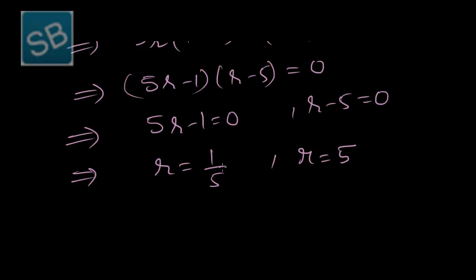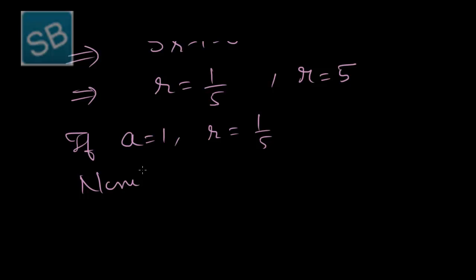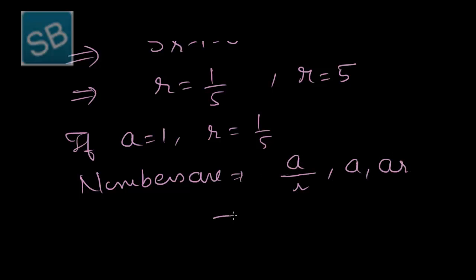So, as we get the values of r as 1/5 and 5, if a = 1 and r = 1/5, then the numbers, that is a/r, a and ar, become 5, 1 and 1/5.